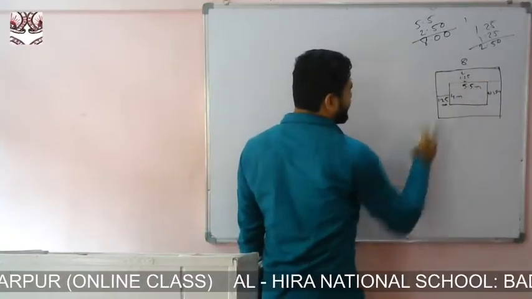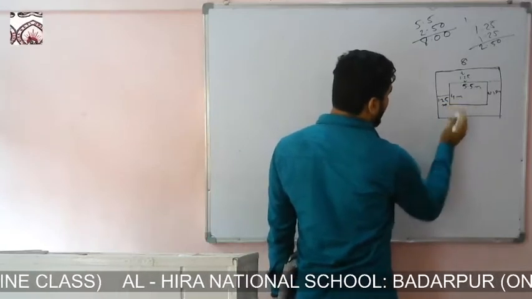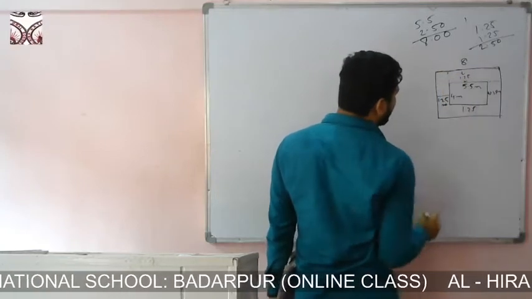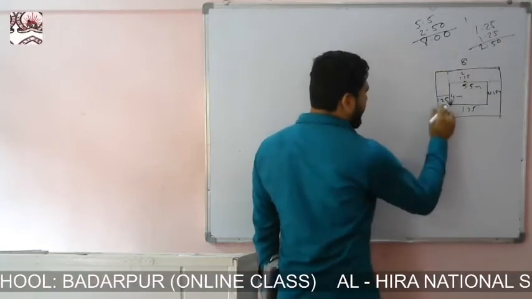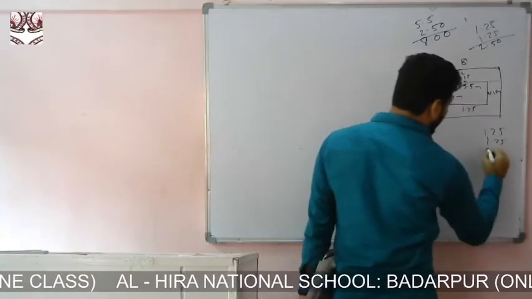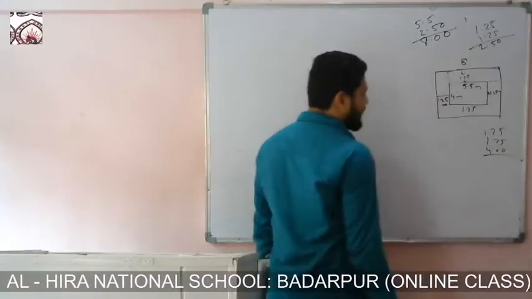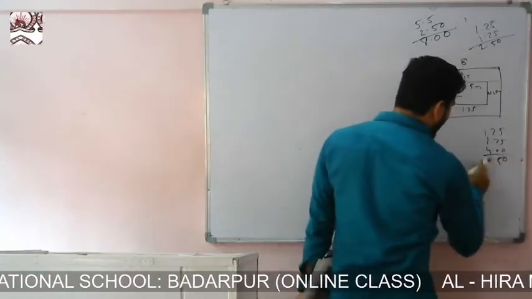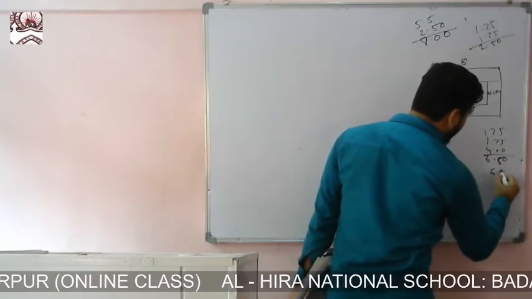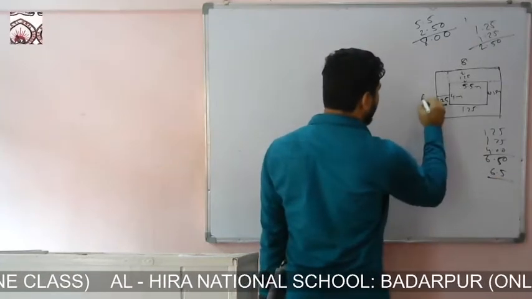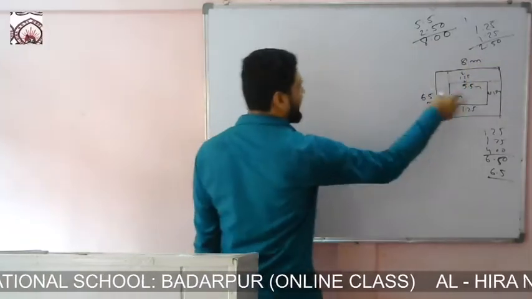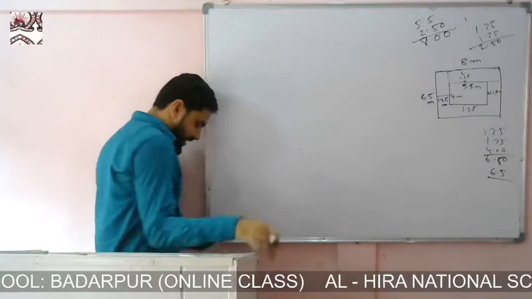Now breadth: here it is 4, so this portion is 1.25 and this portion is 1.25. So we'll add 1.25 plus 1.25 plus 4. Then we'll get 50, 4 plus 1 is 5 plus 1 is 6, that means 6.50, I can write 6.5. That means breadth is 6.5 meter and length is 8 meter. So we have found it. Now we can find the area.